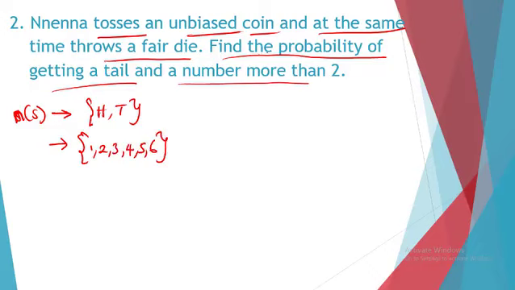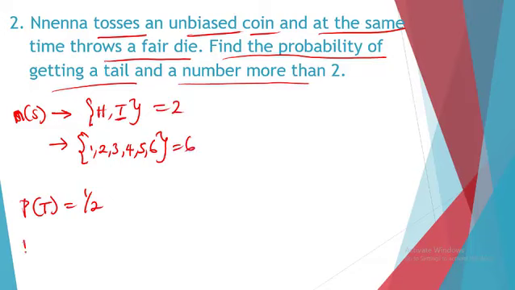And then the question said we should find the probability of getting a tail and a number more than 2. So probability of obtaining a tail, which is T, is equal to what? 1 over 2.